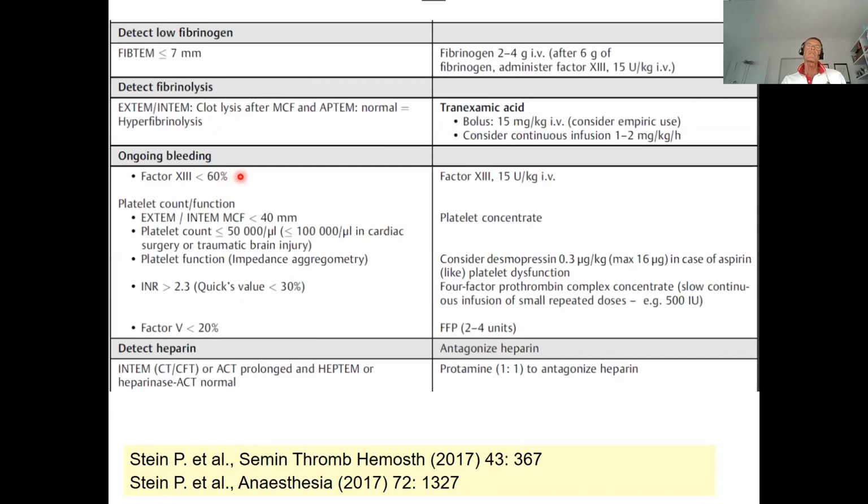If we have a factor 13 below 60%, we give factor 13. If we have a platelet count below 50,000, then we give platelets, or if the EXTEM or INTEM MCF is below 40 millimeters, we also give platelet concentrate. If the factor 5 is below 20%, then we give FFP. This is the only indication for FFP.